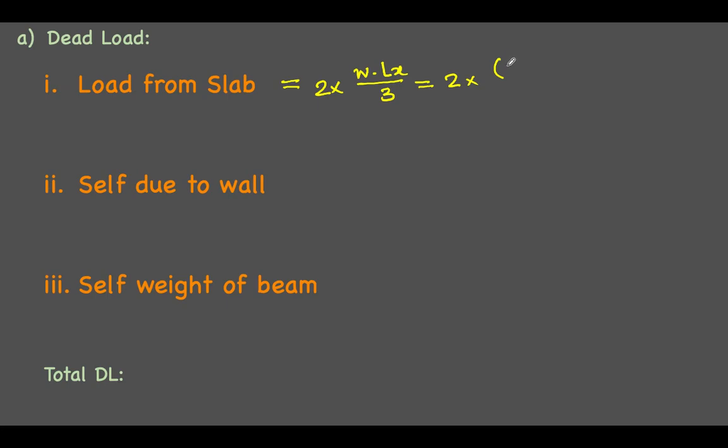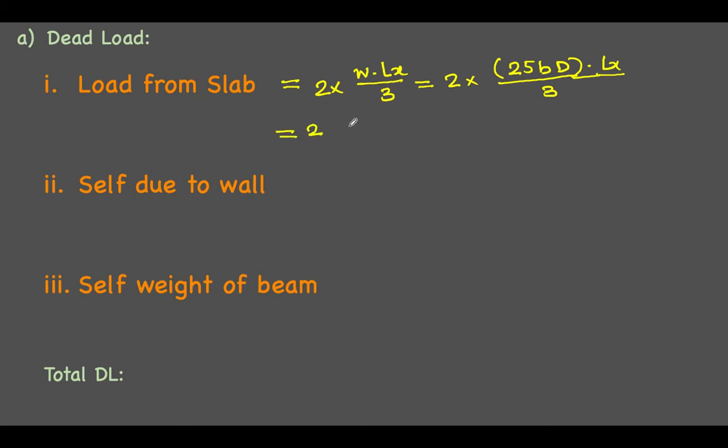We multiply it by the thickness of slab and by a 1 meter strip, because while designing a slab, for slab analysis and design, we always consider a 1 meter width strip. So we will get this as 25 B into D, divided by 3 into Lx. So we'll do it.